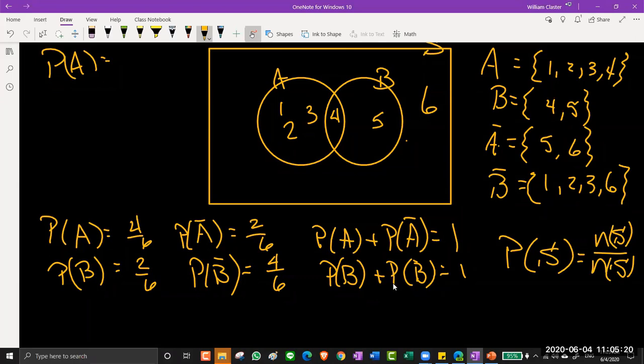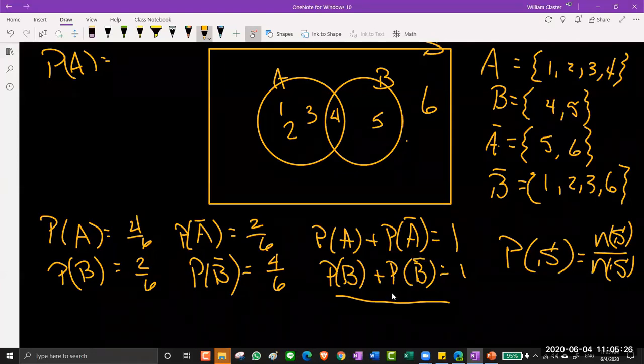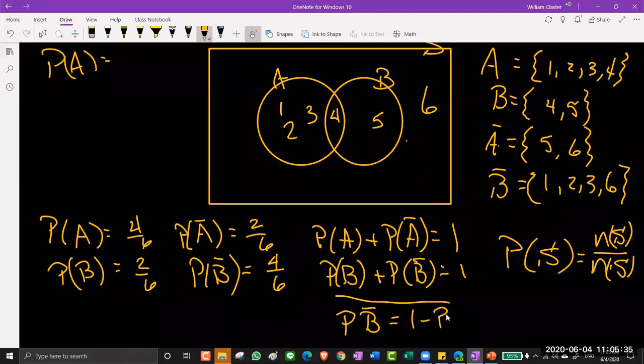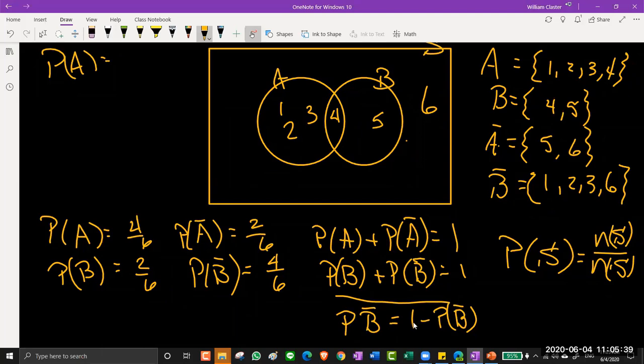So we have this rule for any set B, right? Everyone agree with that? Which we could rewrite like this: the probability of B complement equals 1 minus the probability of B. Everyone see that?